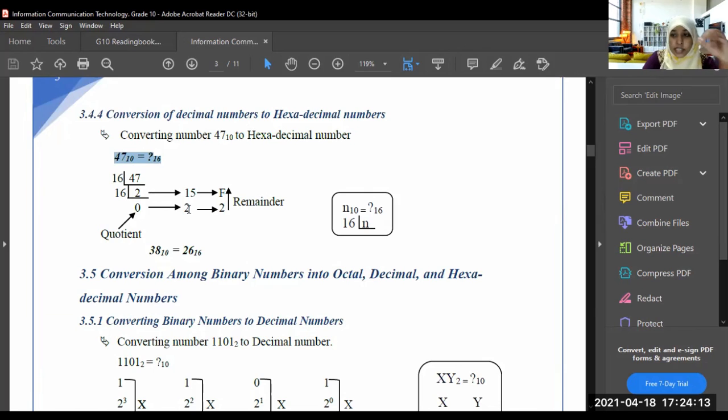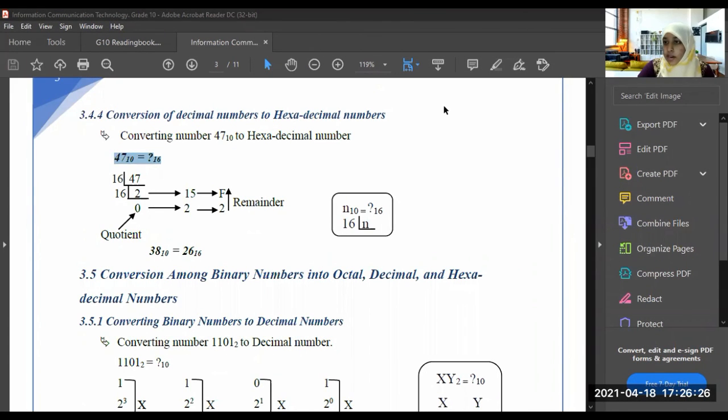Remaining 2. As I told you, there is no character called 15 in hexadecimal, right? Because we have learned 0 to 9 are the numbers. There is no character called 15 in base 16. So here we are using the character F.